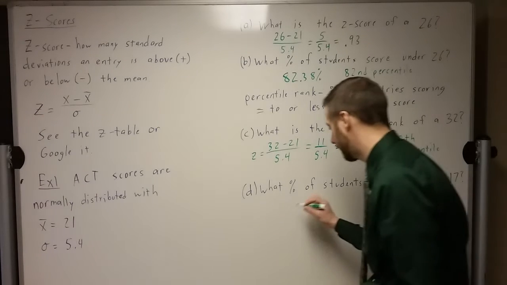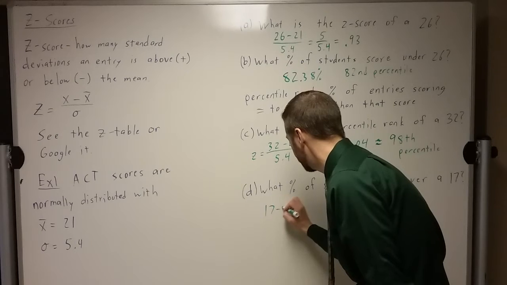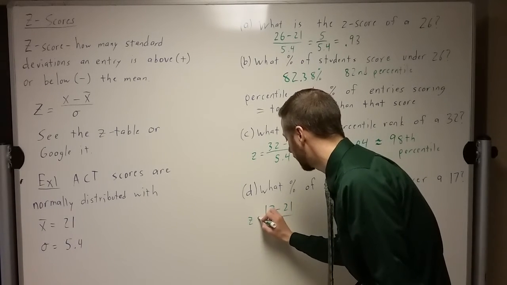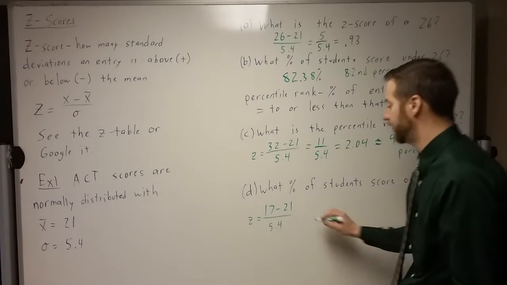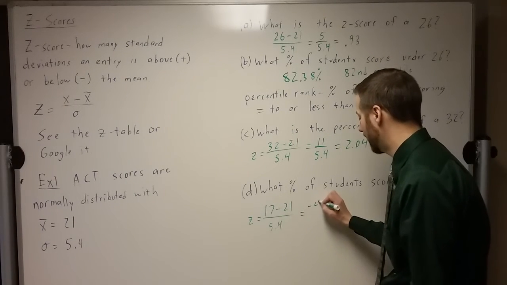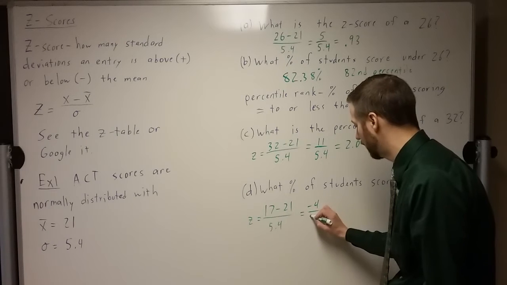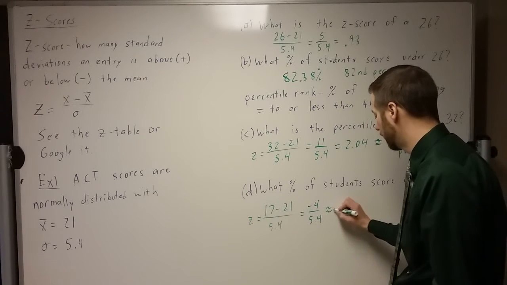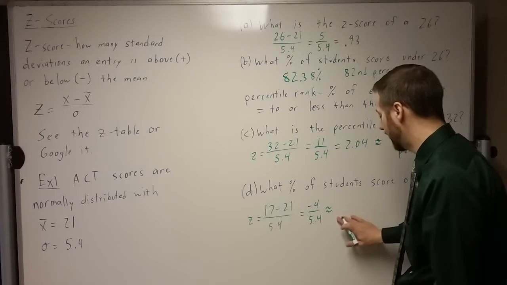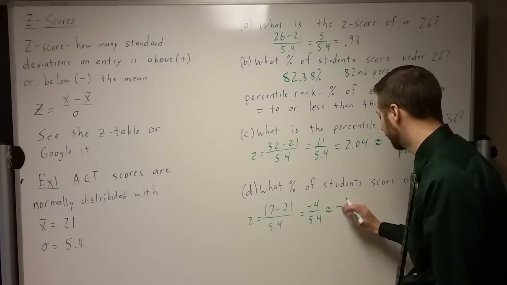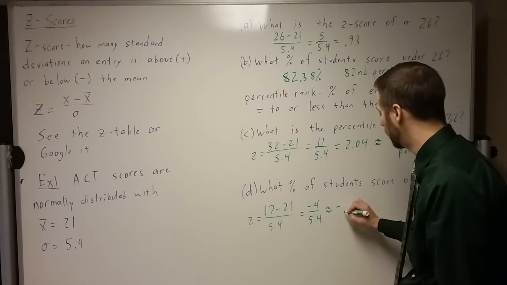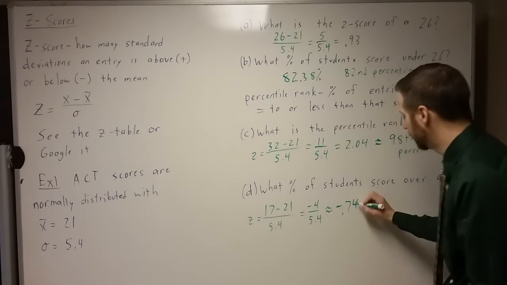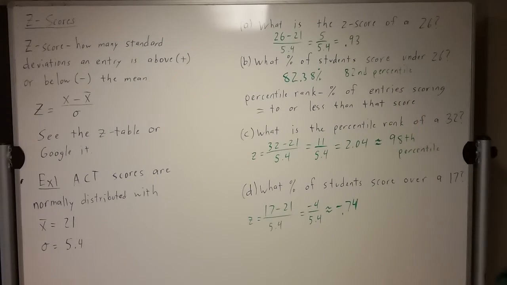So we're going to do 17 minus 21 over 5.4 to figure out what our z-score is. 17 minus 21 gives us a negative 4 on the top over 5.4, which gives us a z-score of about negative 0.74. All right, so we got negative 0.74 for our z-score. Let's go to the table and see what this tells us exactly on there.